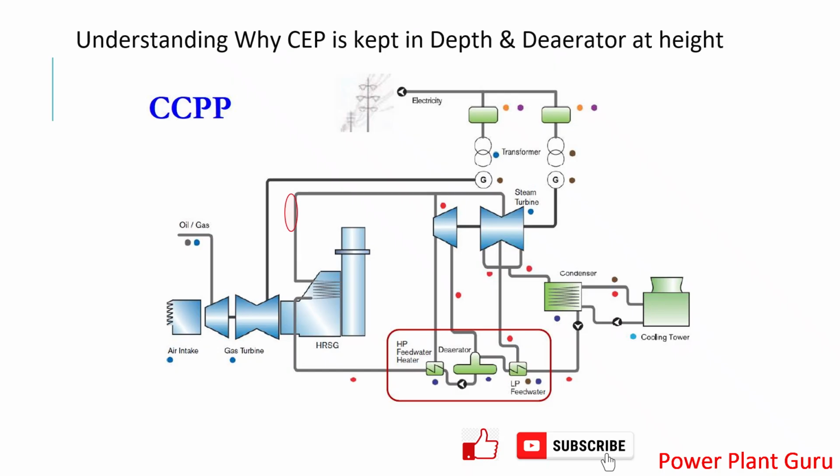Hi, let us understand one important topic in this video. Why, in power plants, have you seen the condensate extraction pump placed somewhat below the floor level, and similarly why are the deaerators placed at a height above the boiler feed pump?